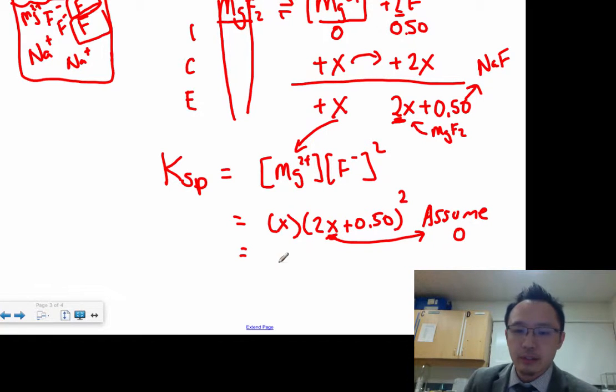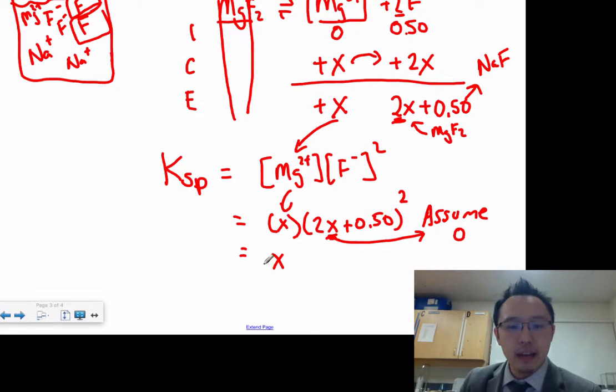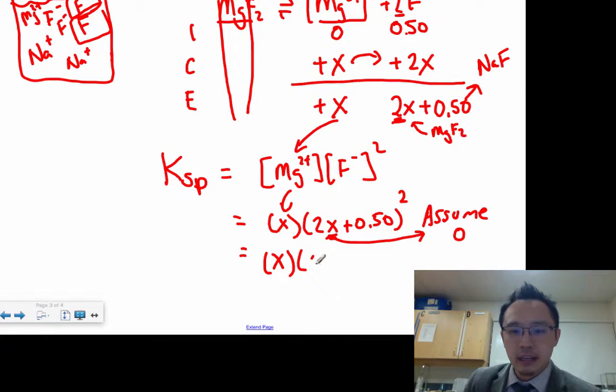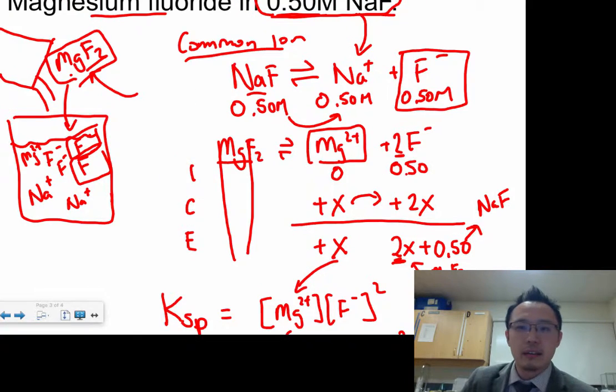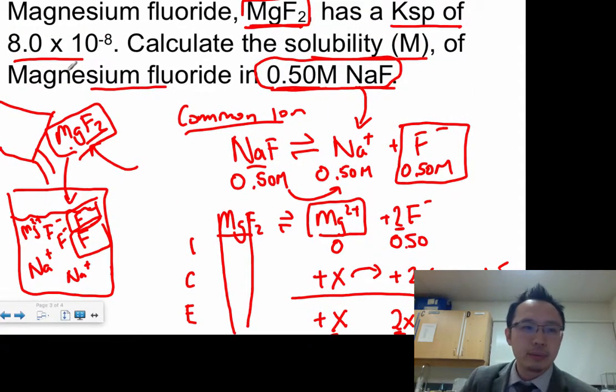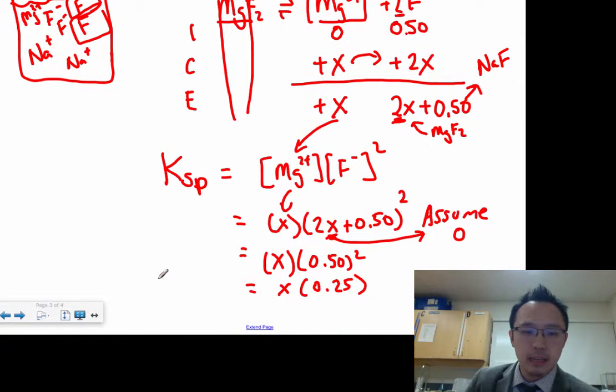So if we assume that's 0, the magnesium ion concentration is still X, and I'm left with 0.5 squared. If we do the math, that's X times 0.25. My Ksp, going back to the original question, is 8 times 10 to the negative 8.